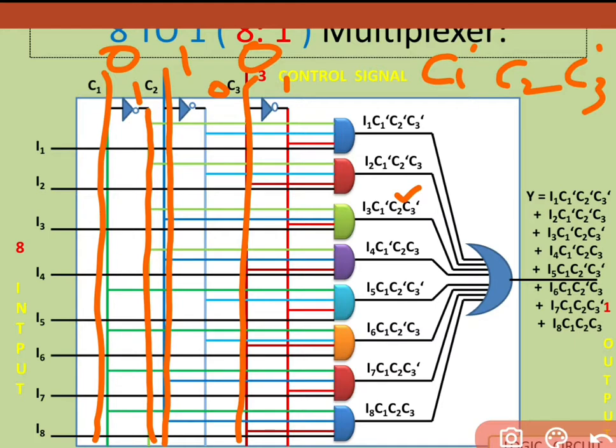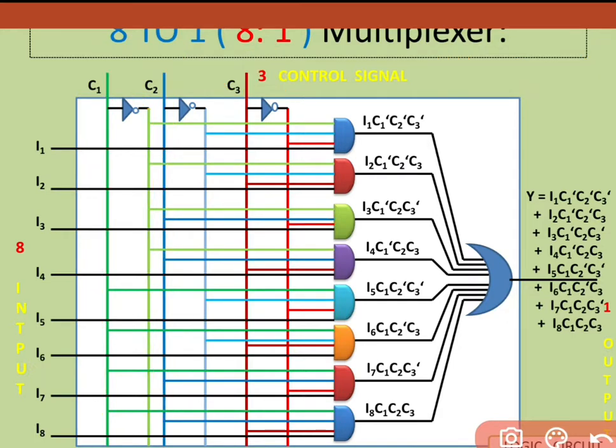And see, in this we had created, here we are providing 1 and then 0, and then for C3 we are taking this one, and then what will be the answer?